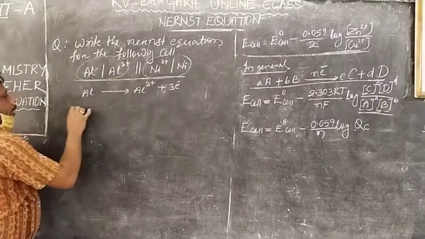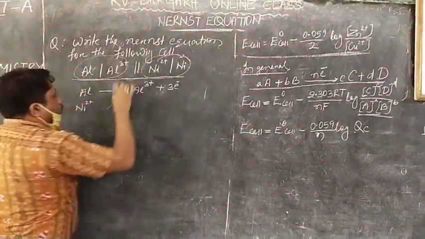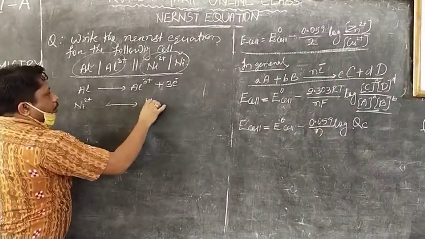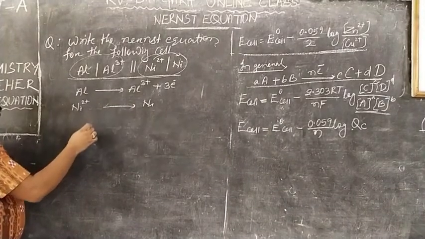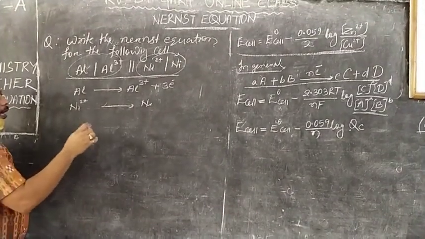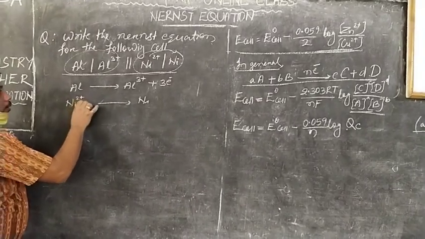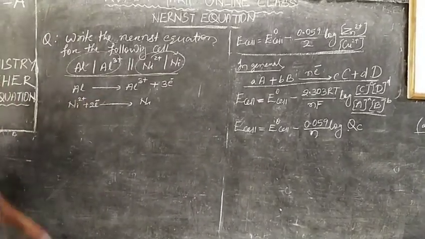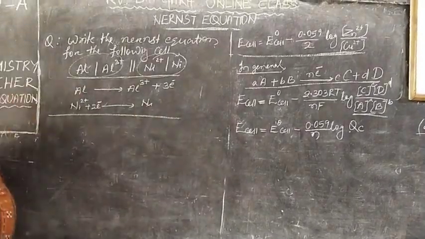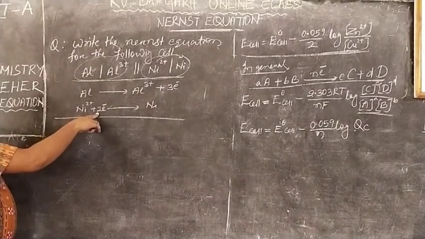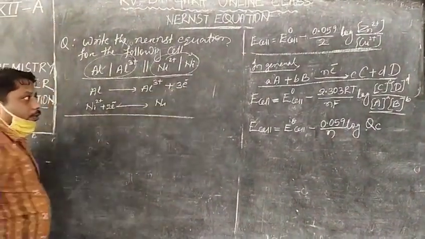Then here at the cathode, Ni2 plus is changed to Ni. How many electrons? 2 electrons. Right hand side or left hand side? Abhishek, how many electrons? 2 positive means 2 electrons, on the left hand side. Good. Then you write the net equation. Here there are 2 electrons, and in the oxidation reaction there are 3 electrons.